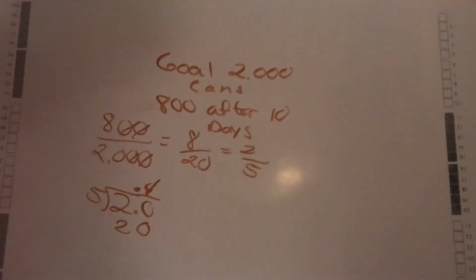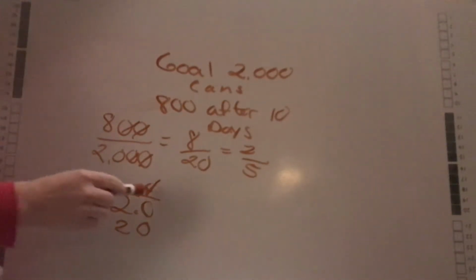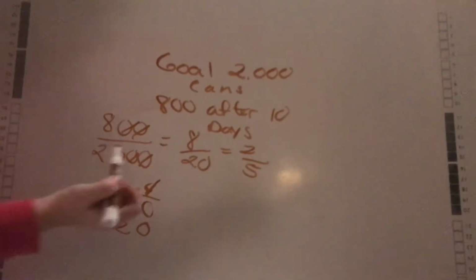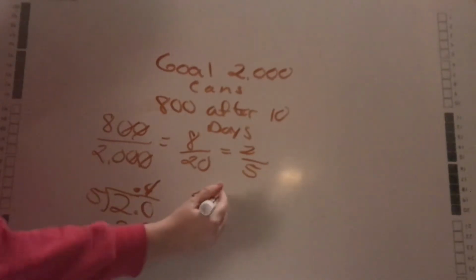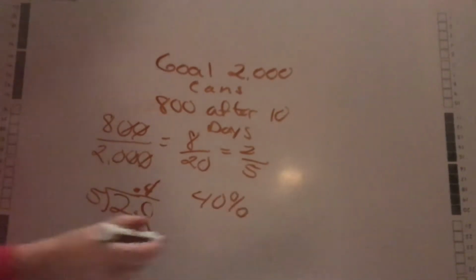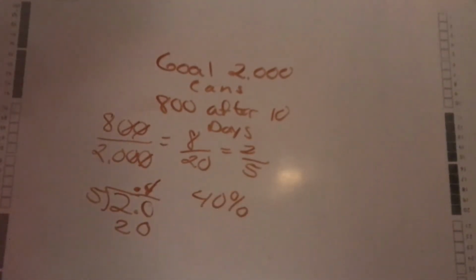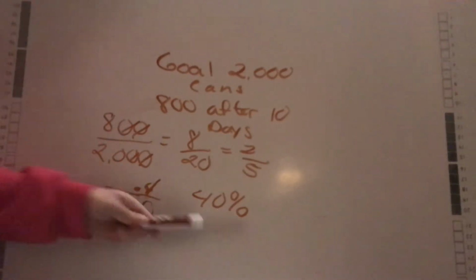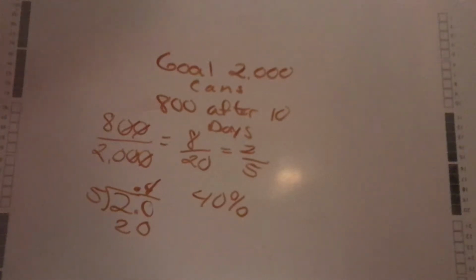The title of this section is fractions, decimals, and percents. So 0.4 is actually 40%. So we can say that the students at Westview Middle School have reached 40% of their goal.